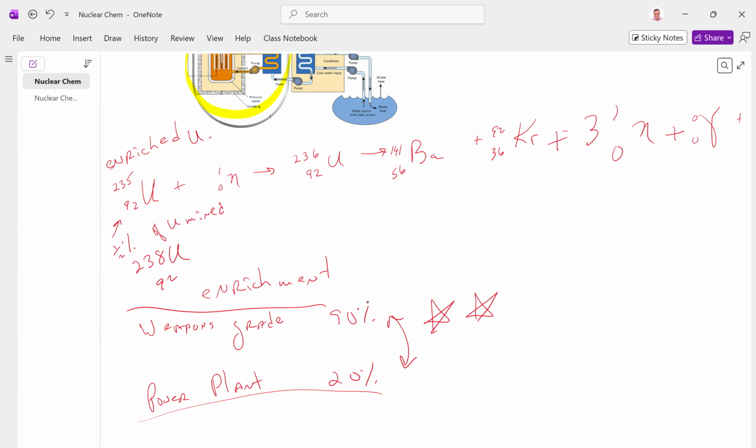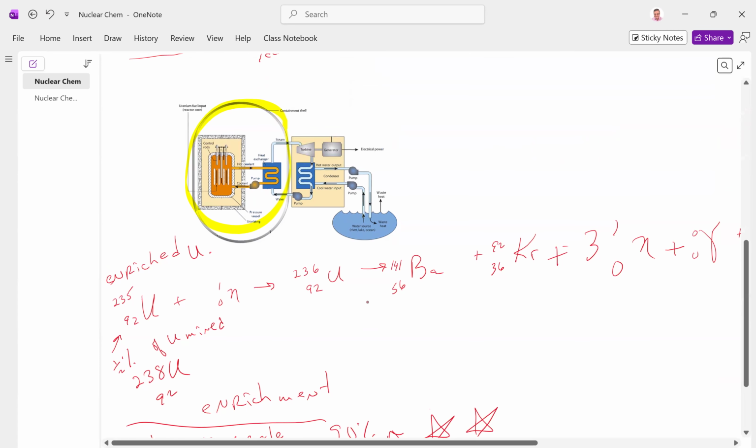Okay, so we're taking U-238, enriching it to make U-235, so we can then create this nuclear reaction. So we're taking U-235 and we're going to bombard it. This is the start of the reaction with one neutron.